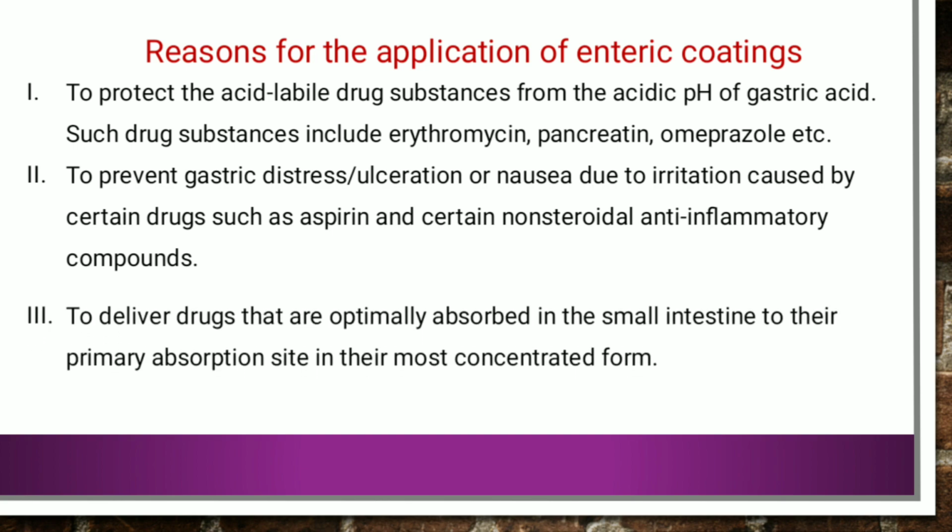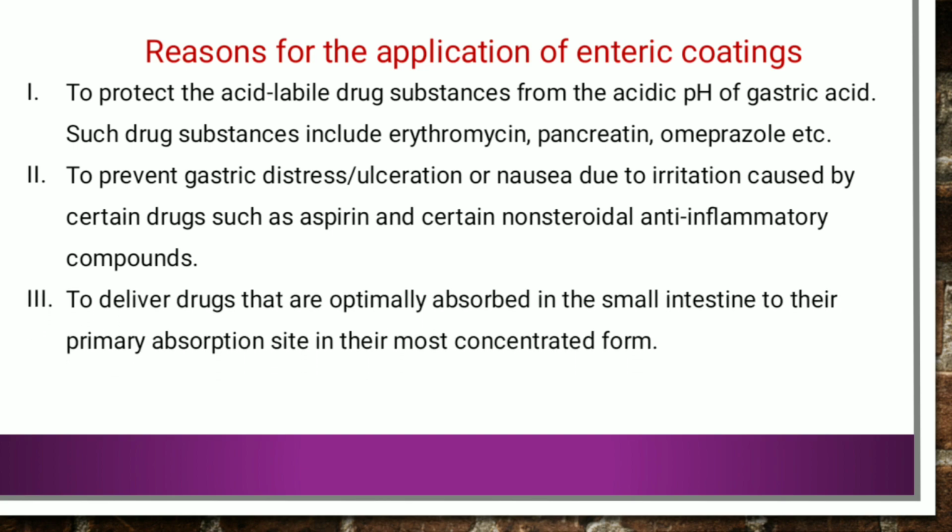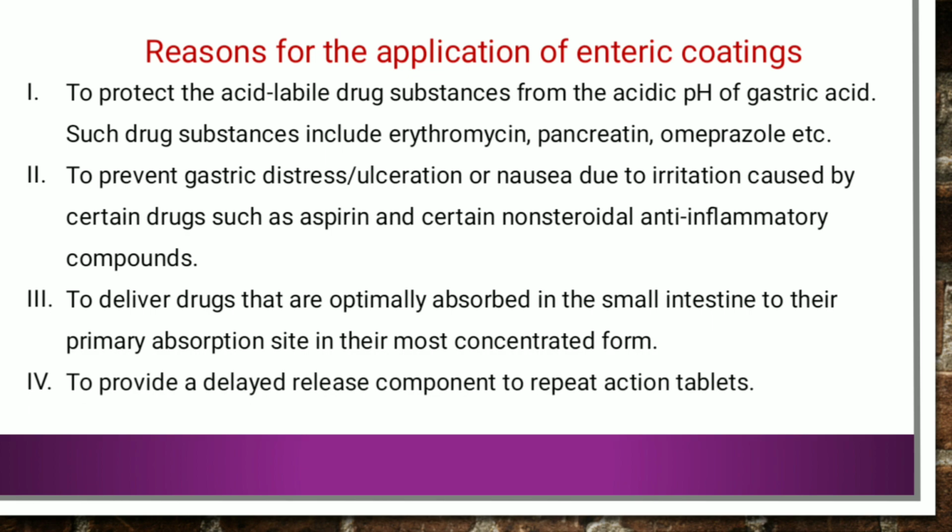Then the next is to deliver drugs that are optimally absorbed in the small intestine to their primary absorption site in their most concentrated form. And next is to provide a delayed release component to repeat action tablet.